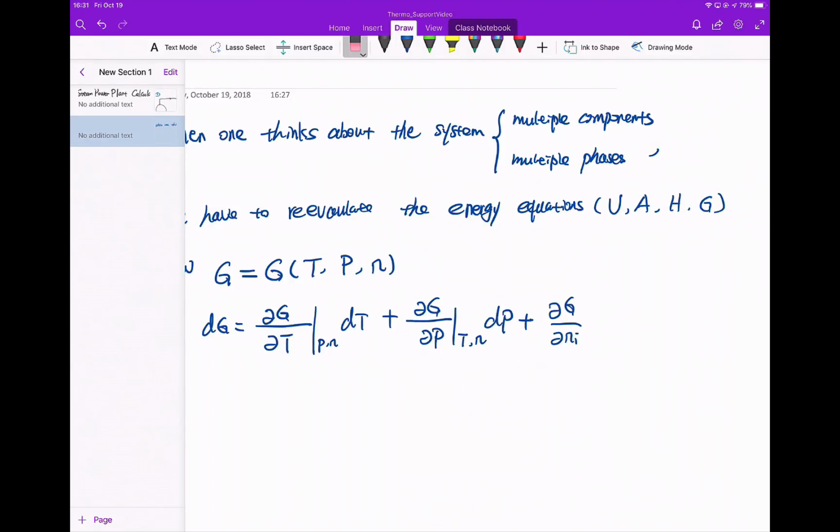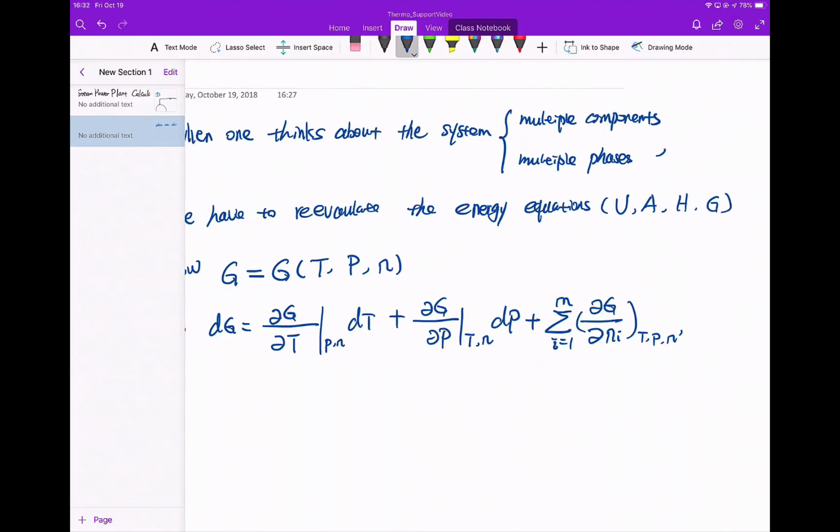Then of course I need to have a summation because I'm going to do this for all the components. So I need a summation, i goes from 1 to M, where M is the total number of components. There I would have dG over dmi while keeping temperature, pressure, and other components fixed.